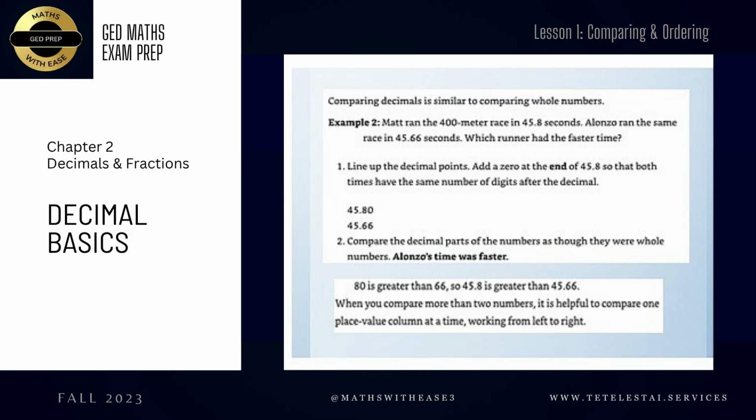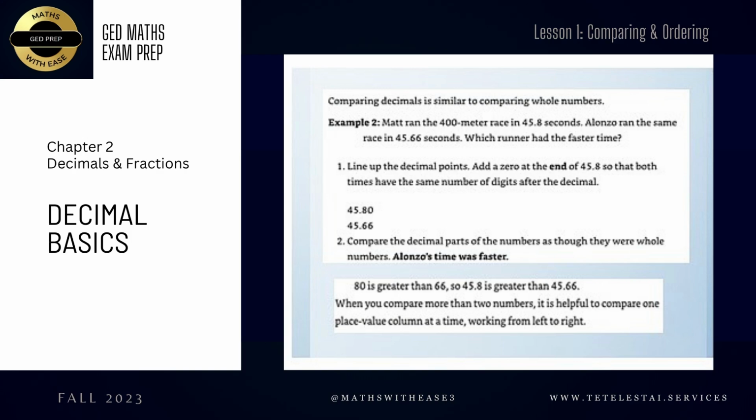Then the next thing you want to do is add a 0 to the end of 45.8 so that you'll now have the same number of digits after the decimal point for both running times. Then you'd compare the portions after the decimal point as though they were whole numbers, and you'd see that Alonso had the fastest time since 80 is greater than 66.